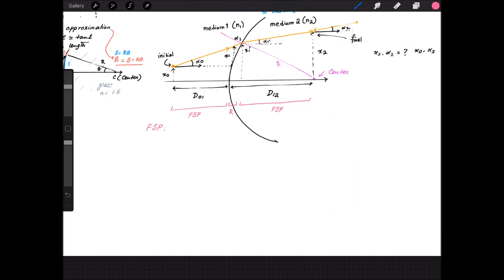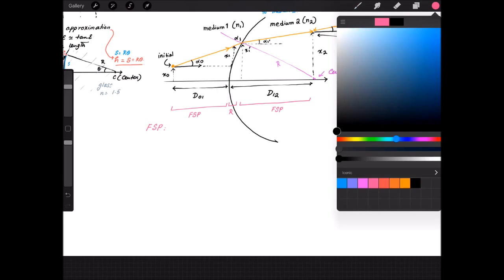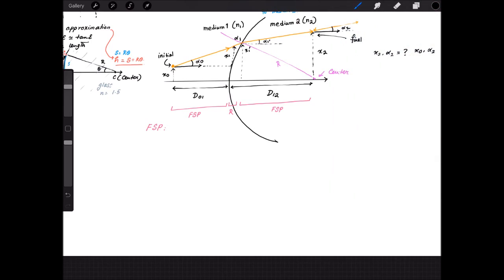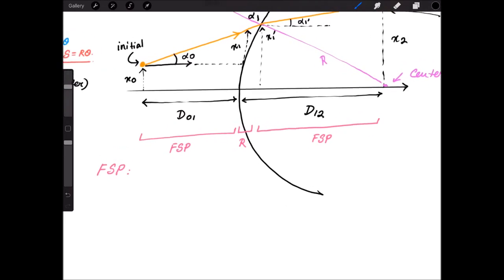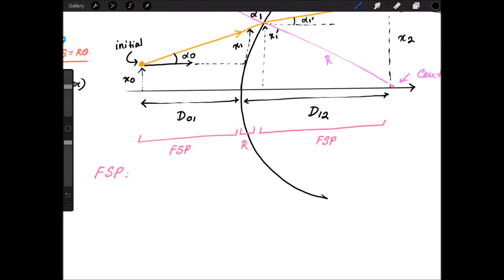So what happens? Let's look at the height. So x naught and x1. So let's look at this triangle over here. And what you have in this triangle is, if you take the tangent of alpha naught, you have tan alpha naught equals this height over here from this point to this point.